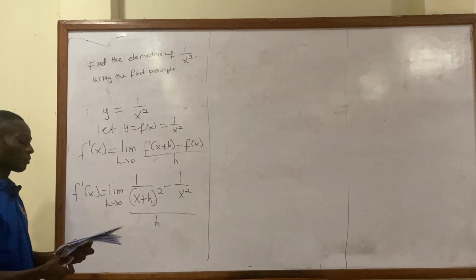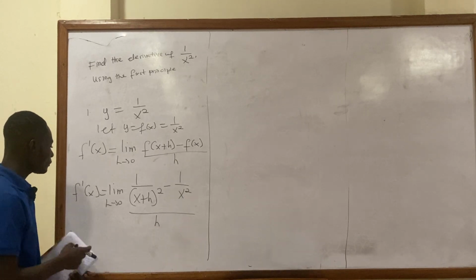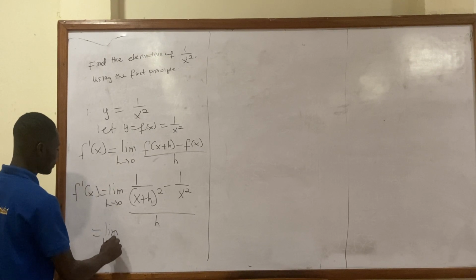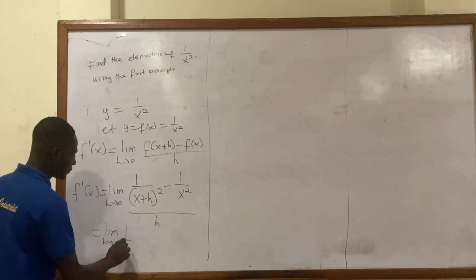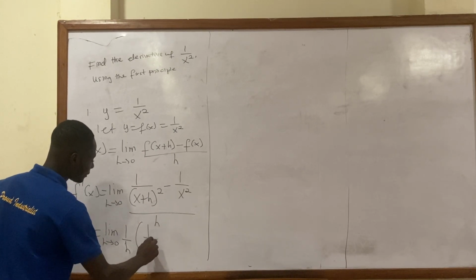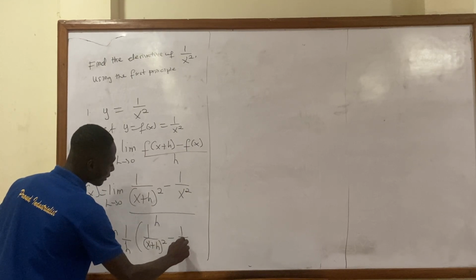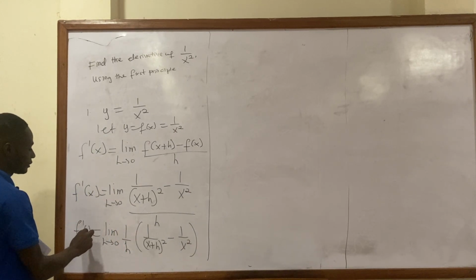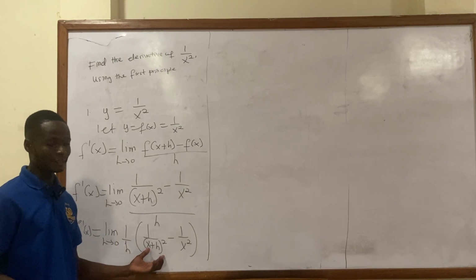From here, we can reciprocate this, and then we have the limit as h approaches 0 of 1 over h into 1 over x plus h all squared, minus 1 over x squared. That's the first principle. So we have to expand the bracket inside first.